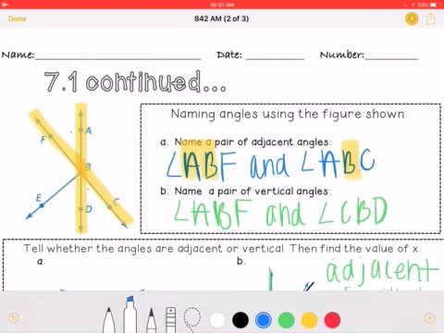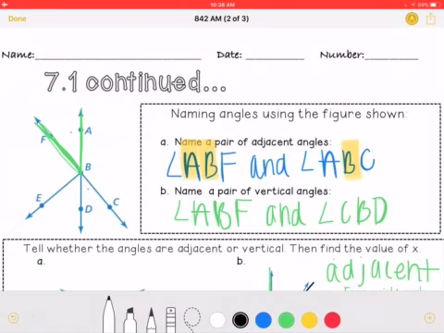Now, a pair of adjacent angles. I'm looking at angles that are next to one another. So I just chose an angle to start with, and I chose ABF. Now notice, I named it the way you would connect each point to form it. So the angle ABF, or I could have named it FBA, is adjacent to the angle ABC.